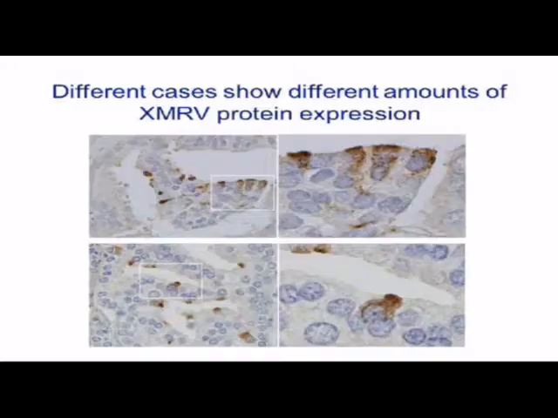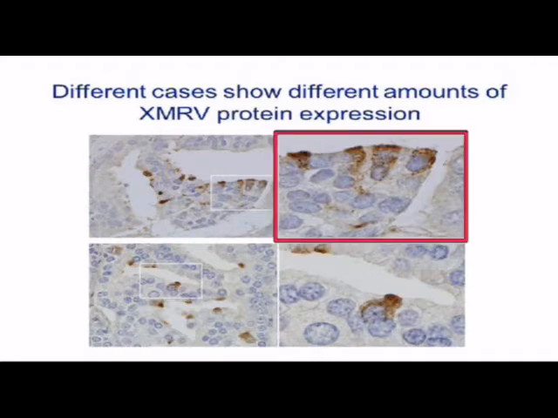There's a lot of variation, though, from patient to patient. This is one of our cases that expresses a lot of XMRV proteins. And here I'm showing you two other cases that are on the other end of the spectrum that express very little XMRV protein. So this is one case, and you can see here, this is enlarged. There's the same kind of cytoplasmic granular pattern, but not all cells have it.